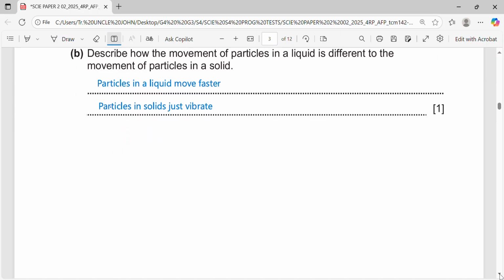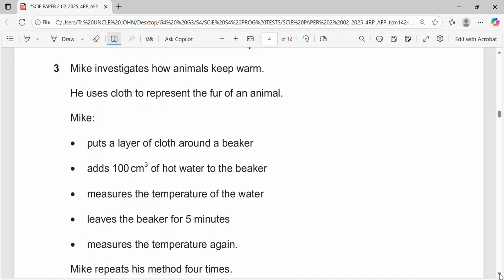We continue. Number 3, we can read. Mike investigates how animals keep warm. He uses cloth to represent the fur of an animal.